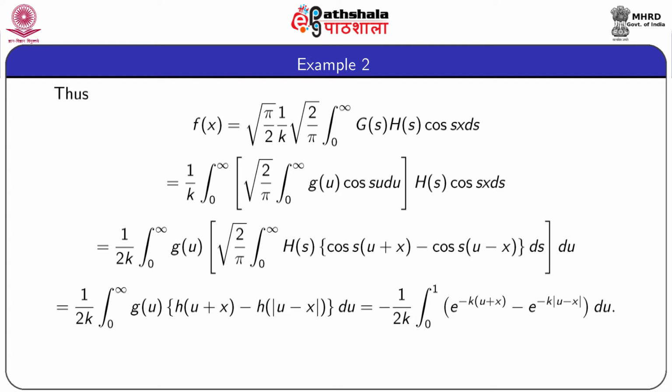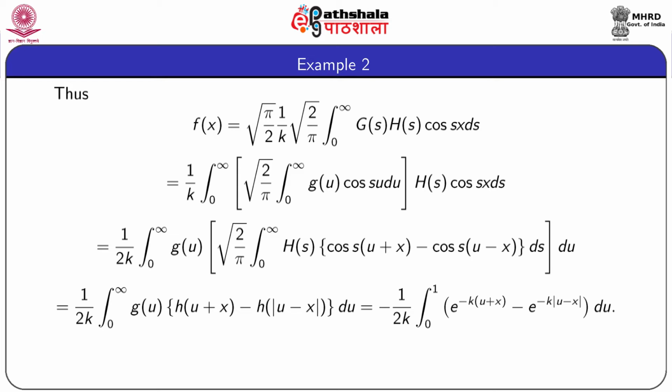That means, in this step u integral was the inner integral, s integral was the outer integral. In the next step, we will interchange the order of integration, so that u integral will be the outer integral and s integral will be the inner integral, and also the term cos(su) into cos(sx) will be written as half of cos(s(u plus x)) minus cos(s(u minus x)).